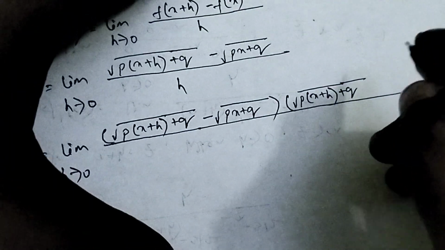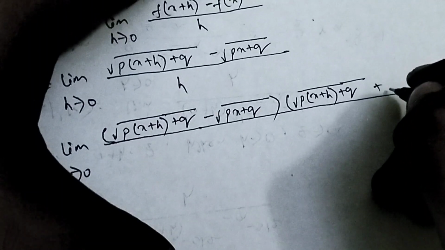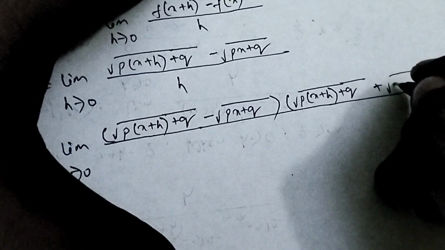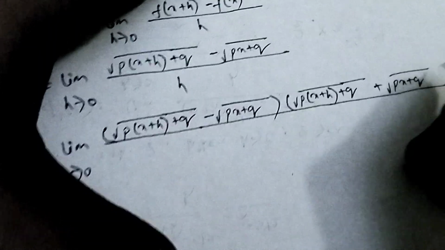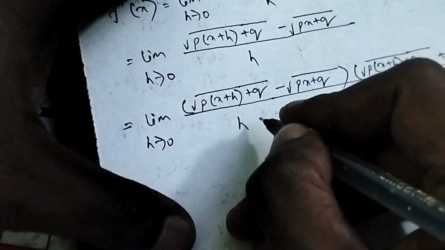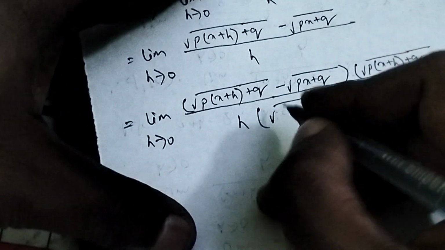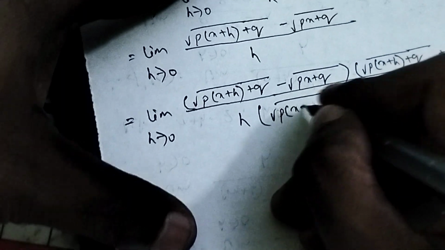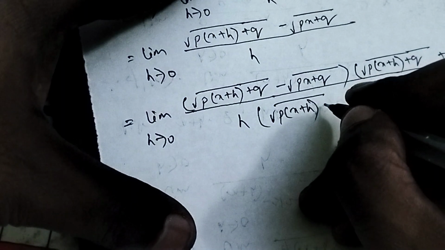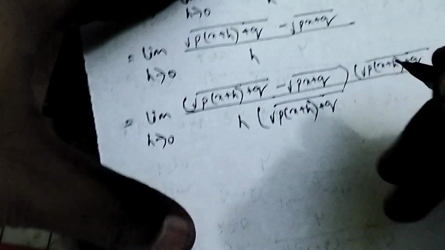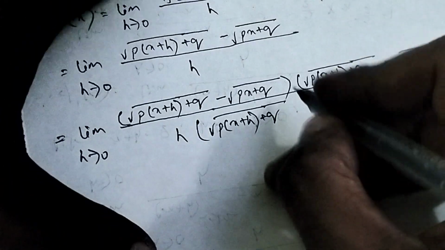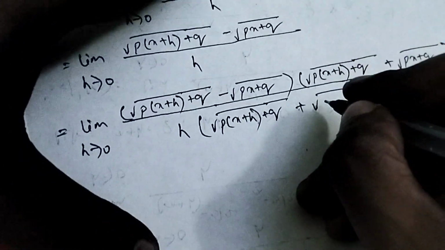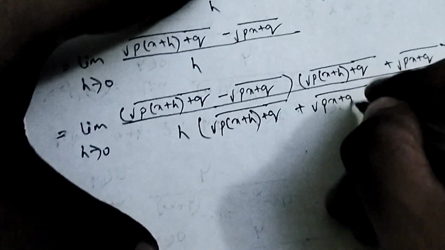We are rationalizing this expression, plus under root px plus q. Okay, so h into under root p into x plus h plus q plus under root px plus q.